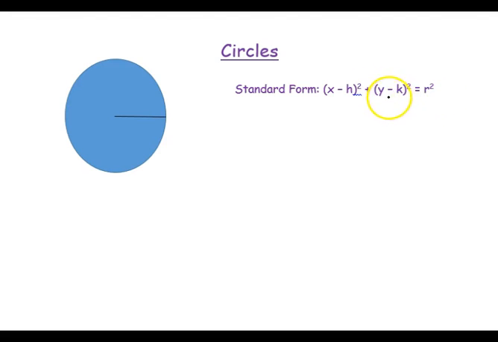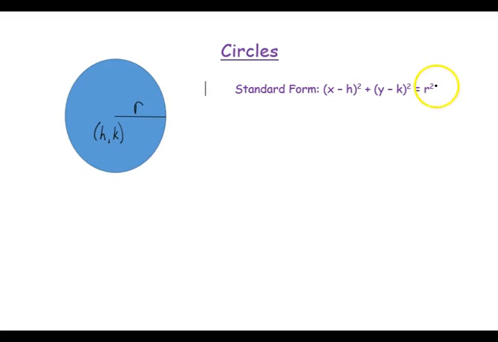You'll be seeing those same letters throughout this unit. Now, the h and the k, what are those? Those are actually from the center. So wherever the center of your circle is, that point is the x and y value we're calling h and k. Most of you have learned at some point that this line I have drawn in is the radius of a circle.